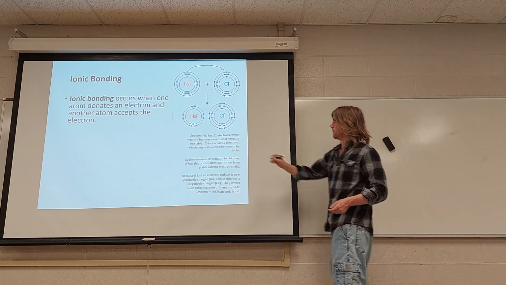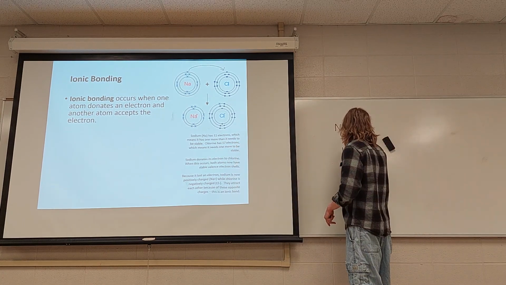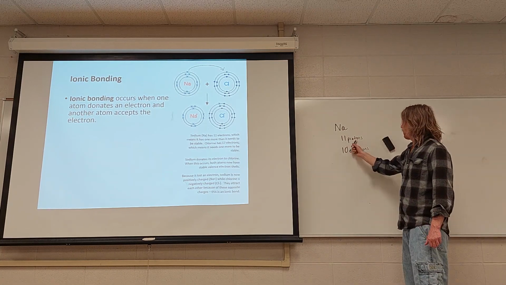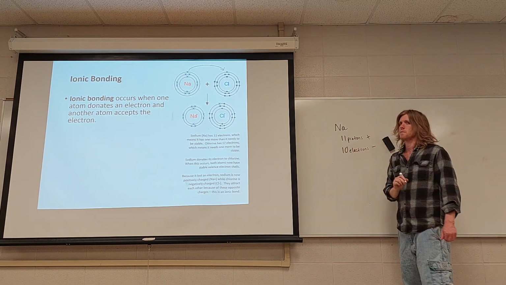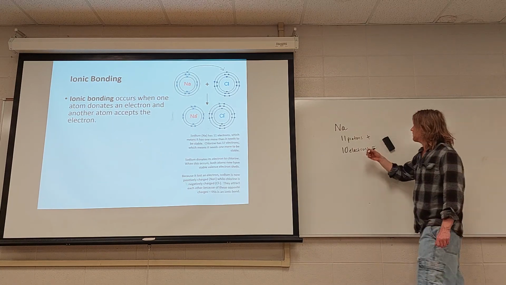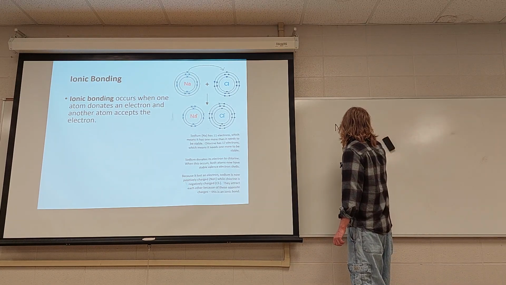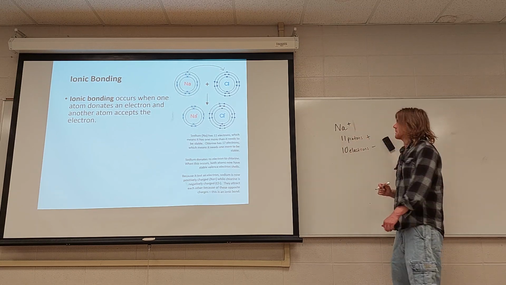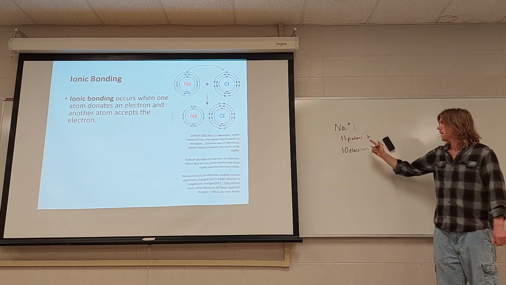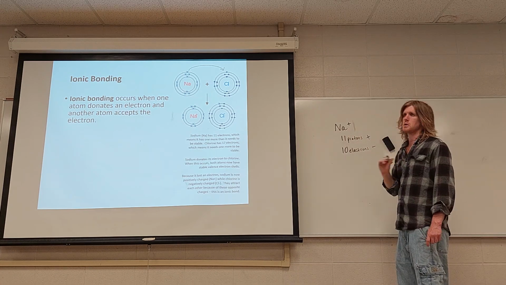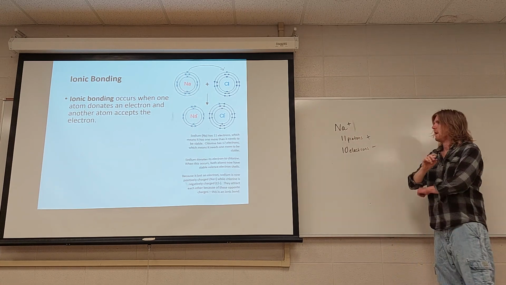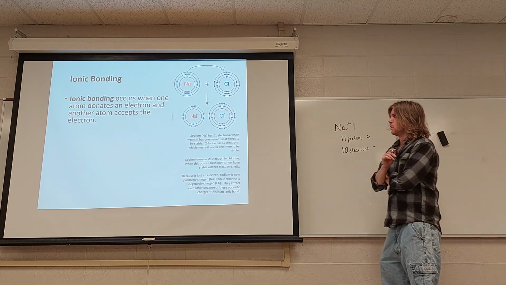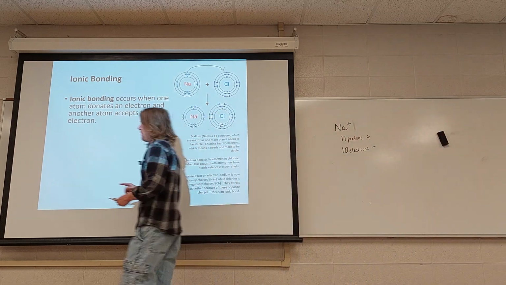So now it has 10 electrons. It has one more positive than negative particle, which means it's Na+1. And we usually get rid of the 1 and assume that a single plus means plus 1. And so it's a positively charged atom, and that's called an ion.